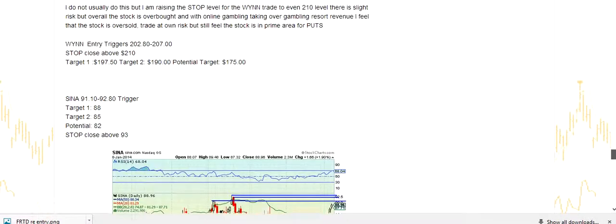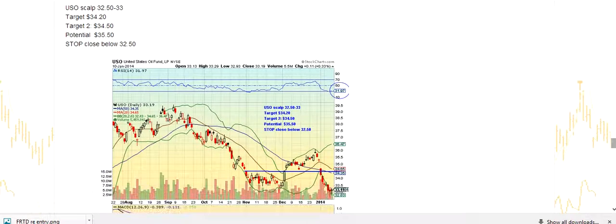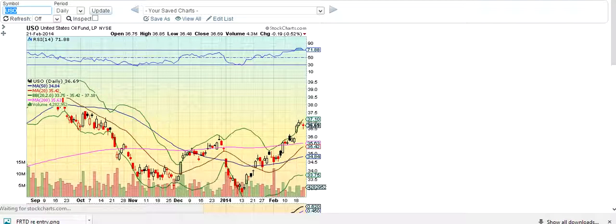Let's take a look at another one, the USO, $32.50 to $33. We saw this reversal right here. You had a bottoming tail, a bullish reversal tail, and over here you had that reversal tail, and it hit a high of $37.